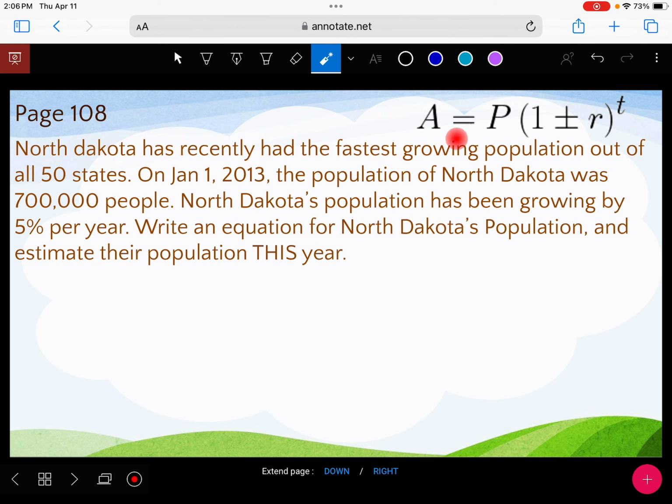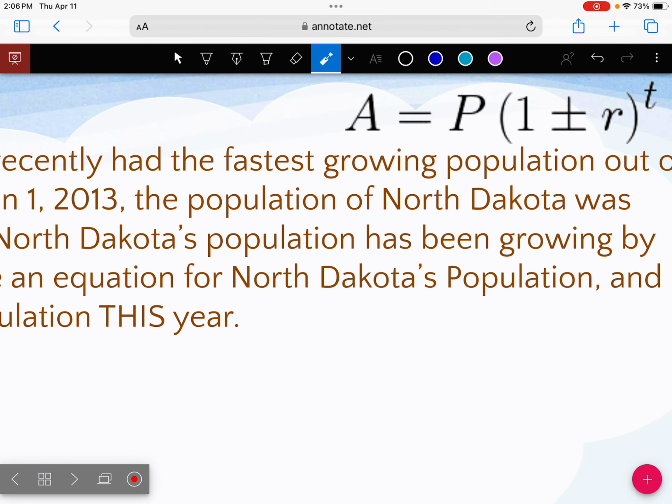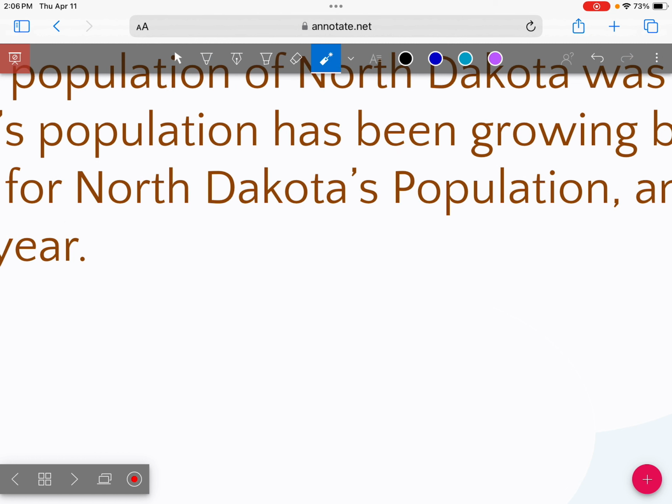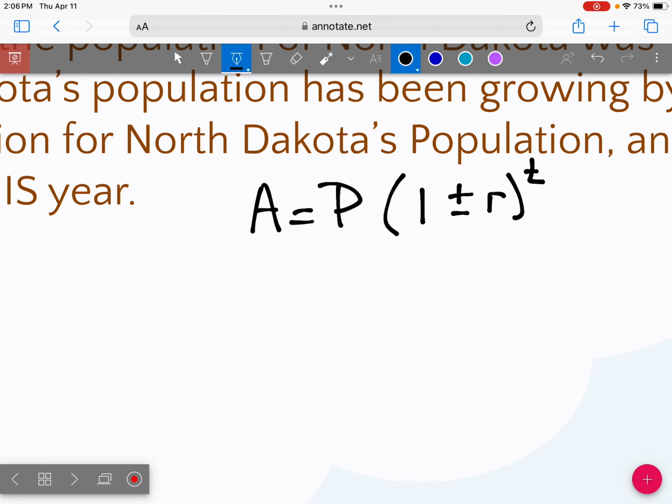So we have a formula that's expecting us to know how to put it together. And they don't even give you this on the page, so they really expected you to remember how to put these together. I'm going to write it down under here so we have it: A equals P(1 plus or minus r) to the t. This A stands for the amount.